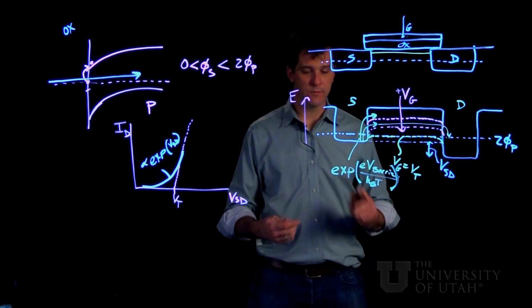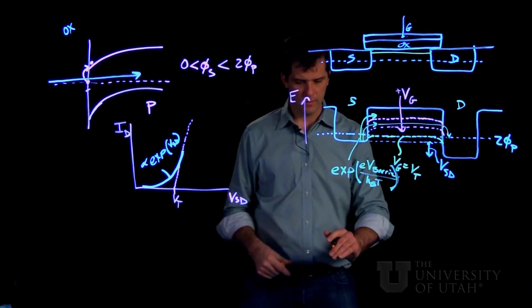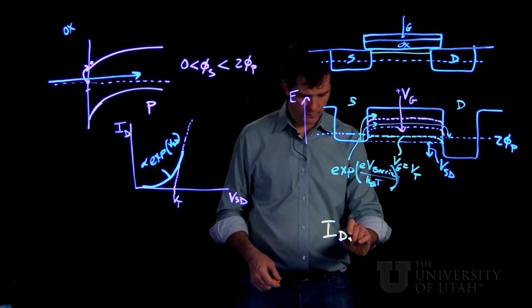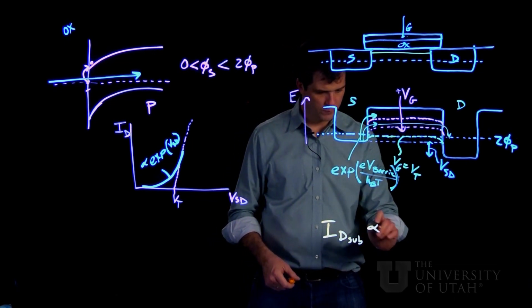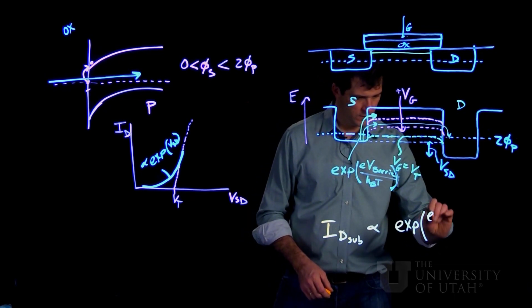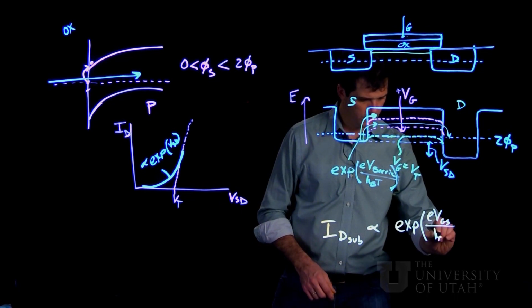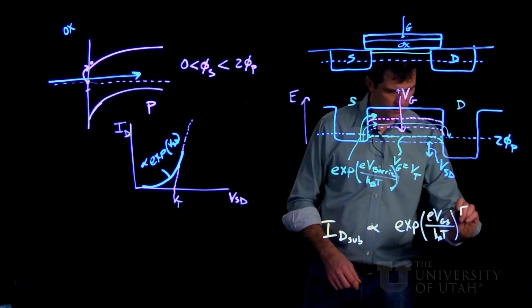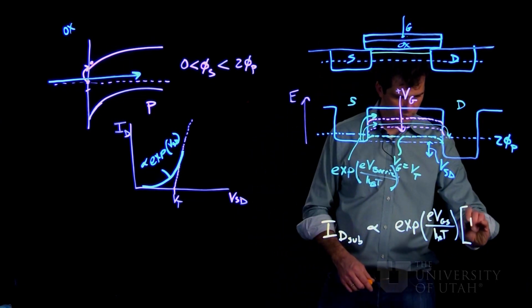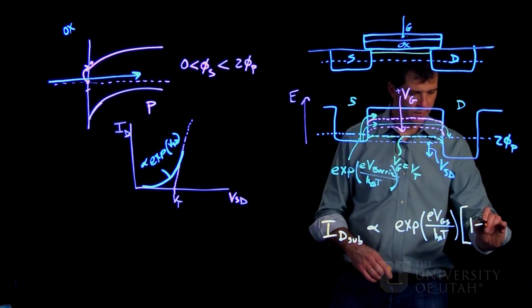So we can wrap up without deriving the whole physics and mathematics of this phenomenon, but we can look at the subthreshold current as being proportional to a term which has to do with the gate source voltage over kBT times something that looks almost similar to an ideal diode expression, except there's a minus sign here.